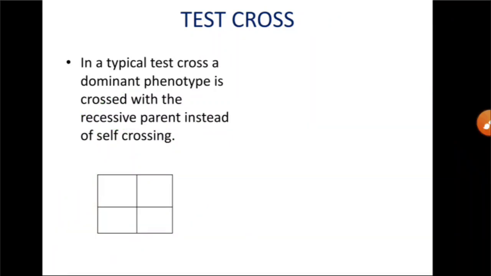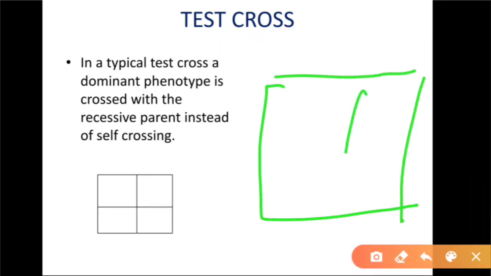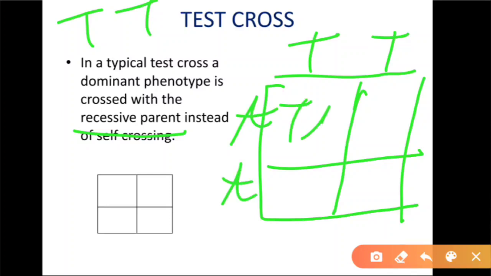In case the plant is pure, like this plant, capital T, capital T, according to the definition we cross it with the recessive parent. Recessive means both are small t. Then the offspring are all capital T, small t.